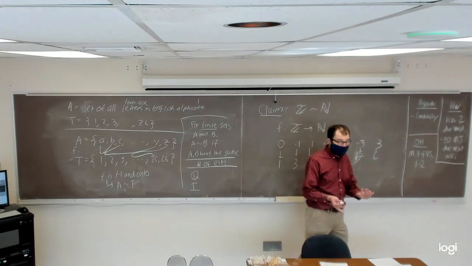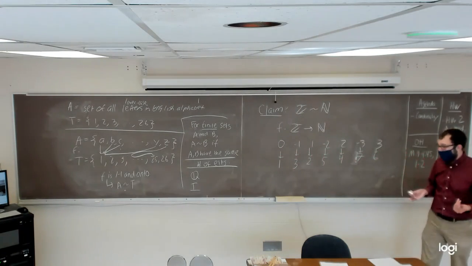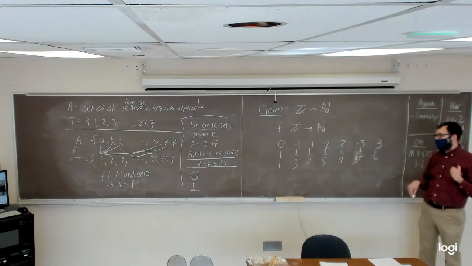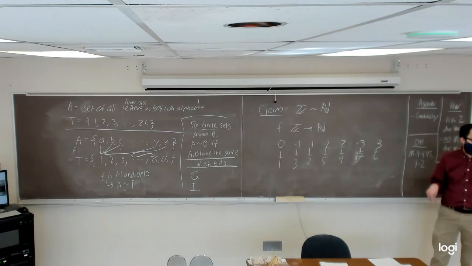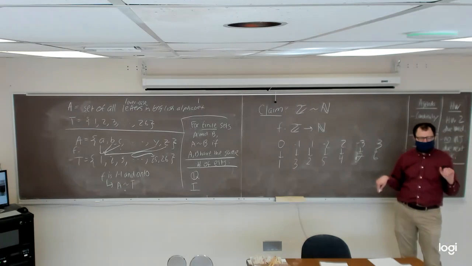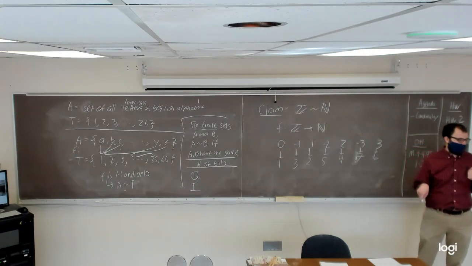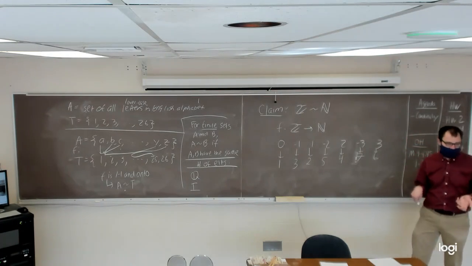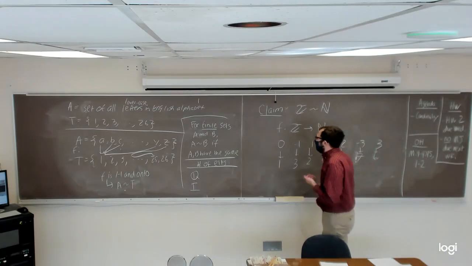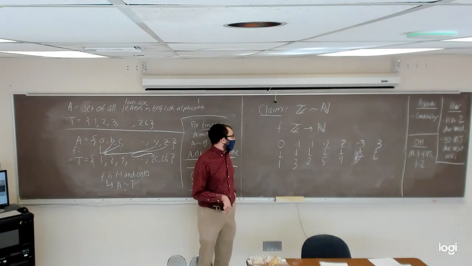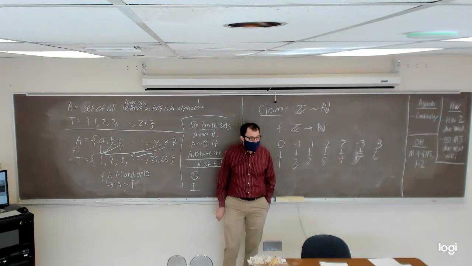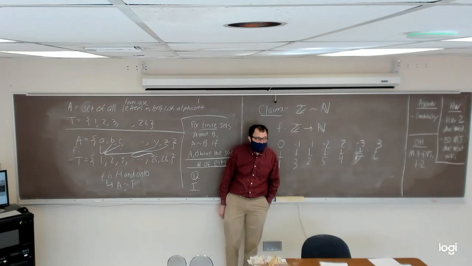But that would certainly be a way of finding a function from the integers to the natural numbers that is both 1 to 1 and onto. And by the way, there's not really a way to do this that's not sort of janky like this. There's not a nice formula, I think, that makes this very easy and straightforward. But that is a way of saying that the integers and the natural numbers have the same size. They have the same cardinality.